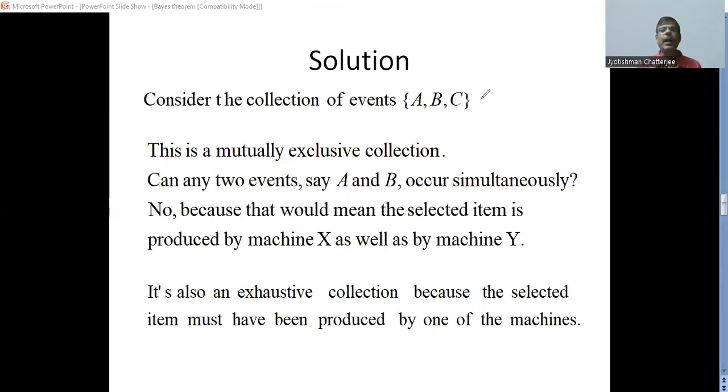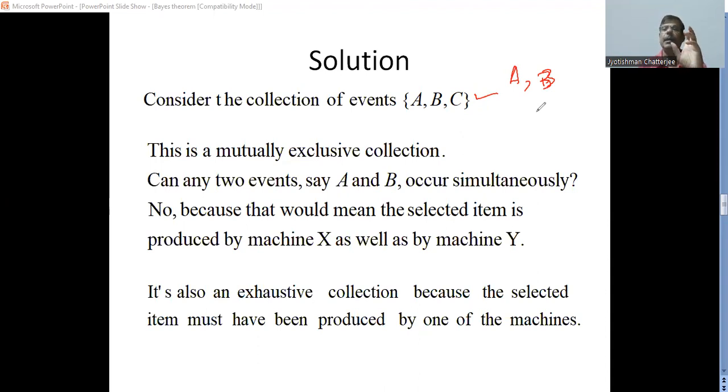Now let's look at the collection A, B, and C. Are they mutually exclusive? Can A and B happen simultaneously? Suppose they can. What does it mean?